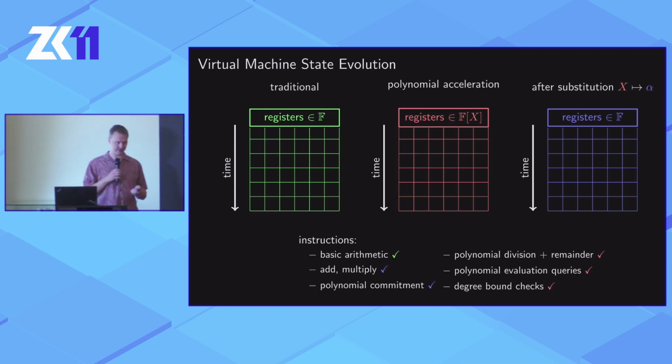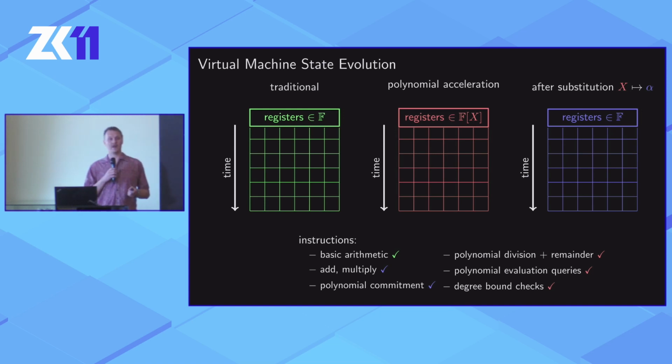And so what does that mean in more concrete details? Traditionally, we think of a virtual machine as containing a set of registers, and those registers take values from a finite field F. This is the green picture on the left.